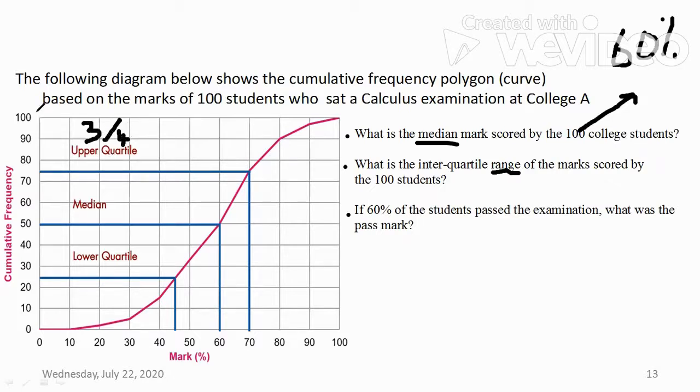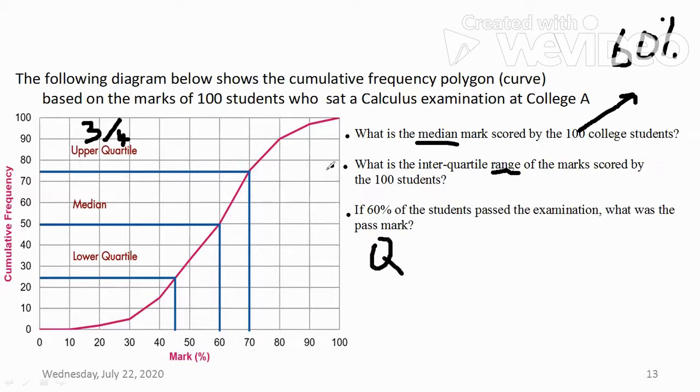So 3/4 of 100 is how much? 75. So you locate 75 with your ruler, and you draw a horizontal line across that meets the curve, and then you read the value there.